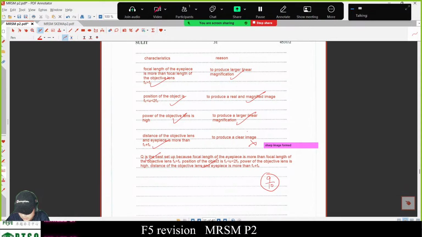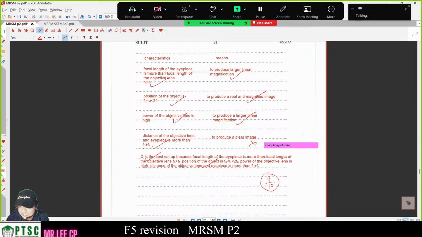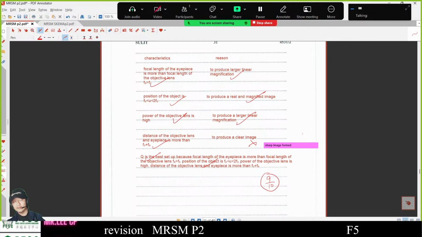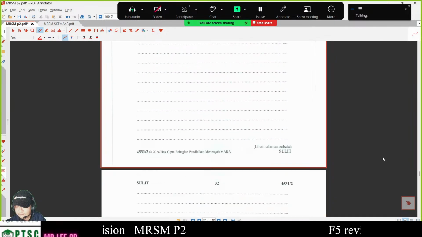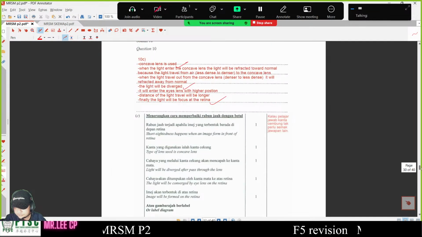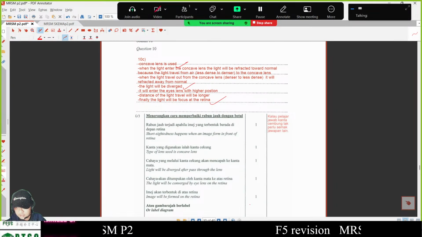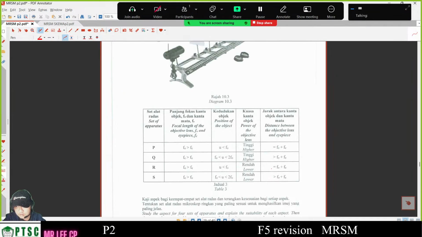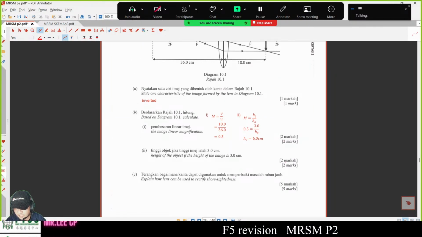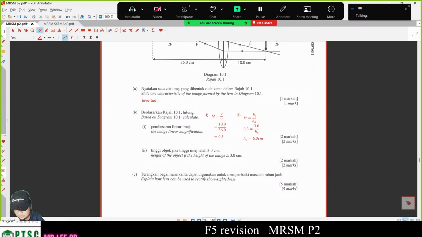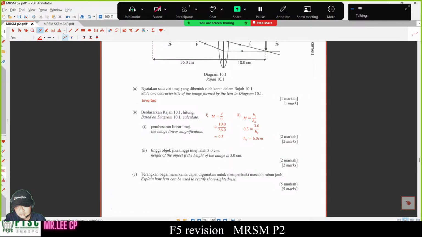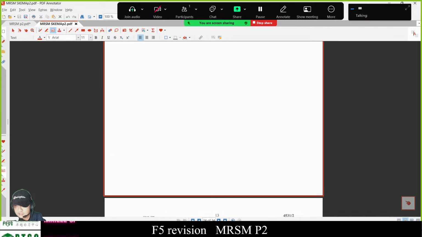If you say clear image and sharp image are the same, then I can get full marks, 10 marks. So from here, this one I get 3 marks, that one 9 marks, 12 already. This one I get 2 and 2, so 12 plus 2 plus 2 is 16.